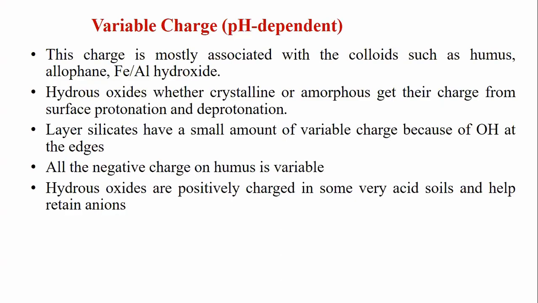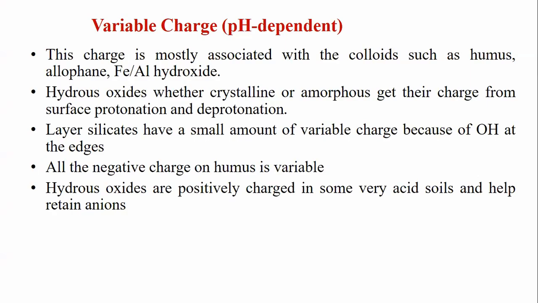Because the humus, as I said, at the edges it may have the carboxyl groups, COOH groups. Due to the pH changes, this COOH H+ may dissociate, and it may change with the pH. Therefore, the variable charges are mainly associated with the colloids such as humus, allophane, and iron and aluminum hydroxides.